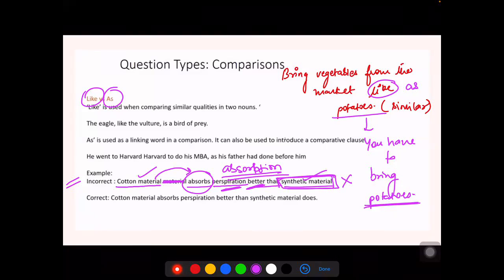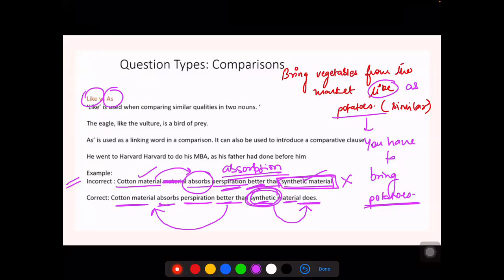The correct version of this sentence will be: cotton material absorbs perspiration better than synthetic material does. So the quality of the material which does the absorption, that quality is better in cotton material as compared to the synthetic one, right?